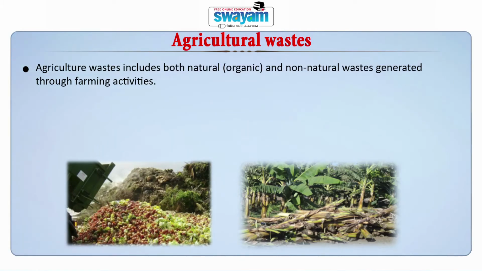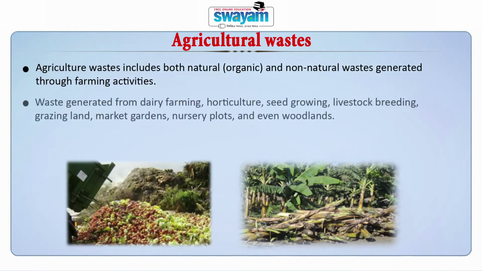Agricultural waste includes both natural, that is organic, and non-natural waste that is generated through farming activities. Waste generated from dairy farming, horticulture, seed growing, livestock breeding, grazing lands, market gardens, nursery plots, and even woodlands all comes under the category of agricultural waste.